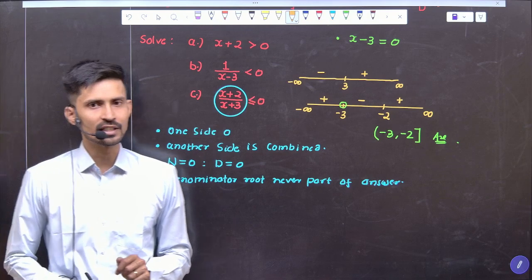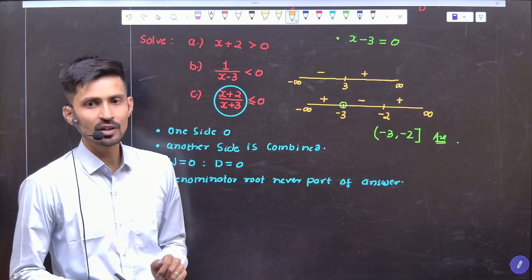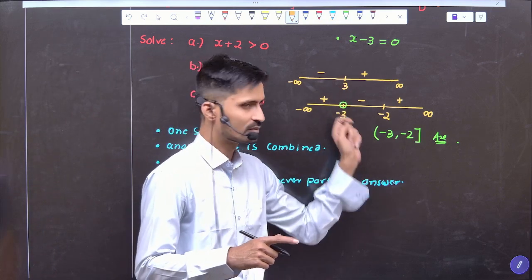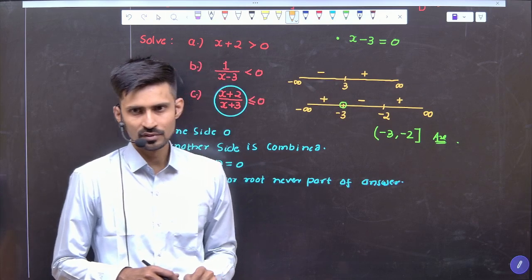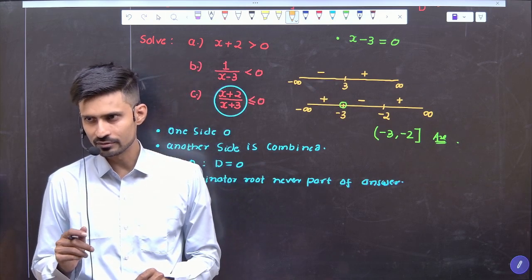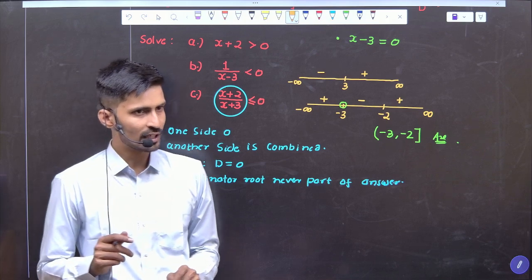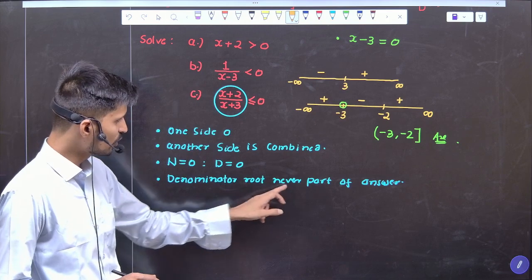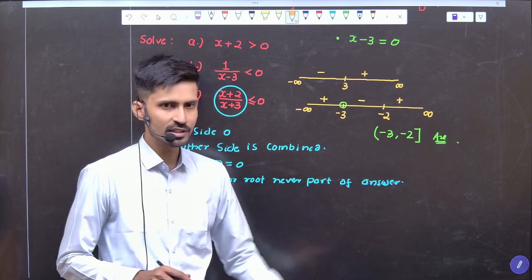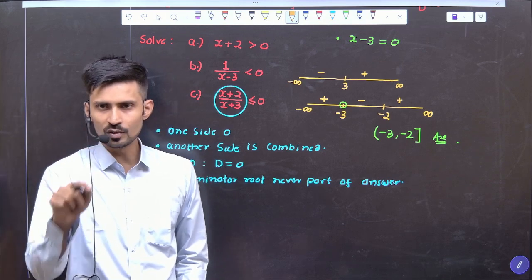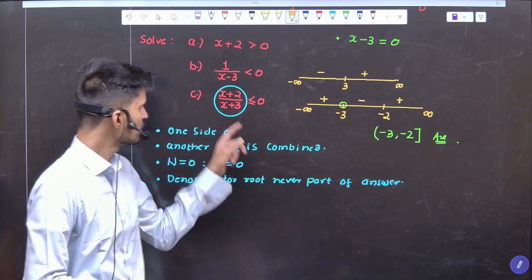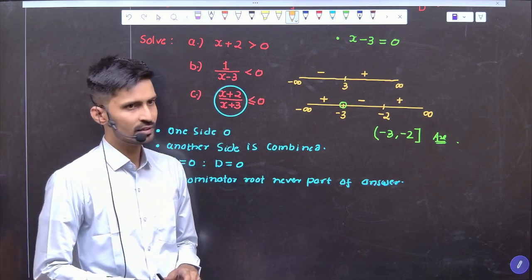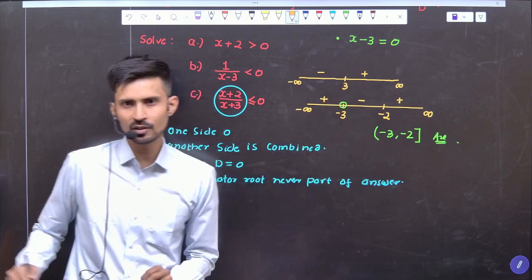Now what we have to check? We have to check this 3 now. We also have to check the border. Now tell me, denominator root is never part of answer, which means denominator root is always a hollow circle. So what is root of denominator here? 3. So 3 hollow circle will be there or not?